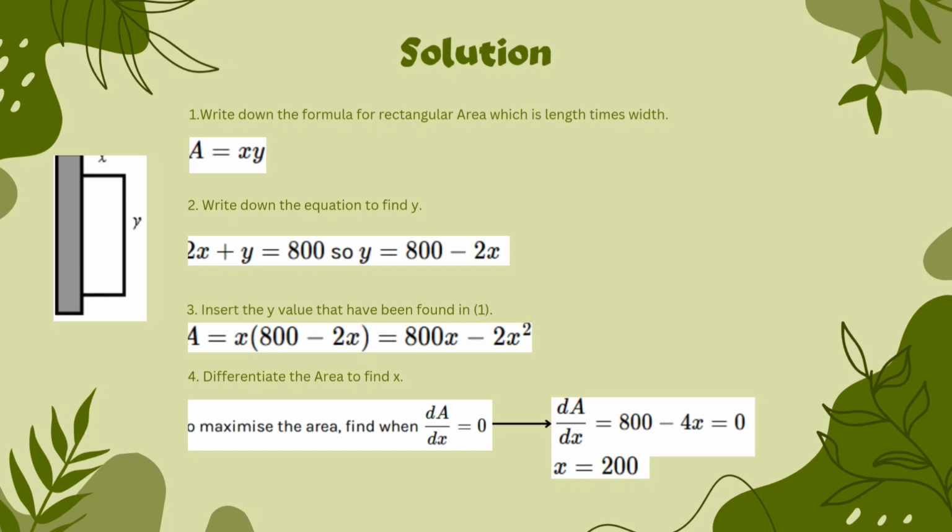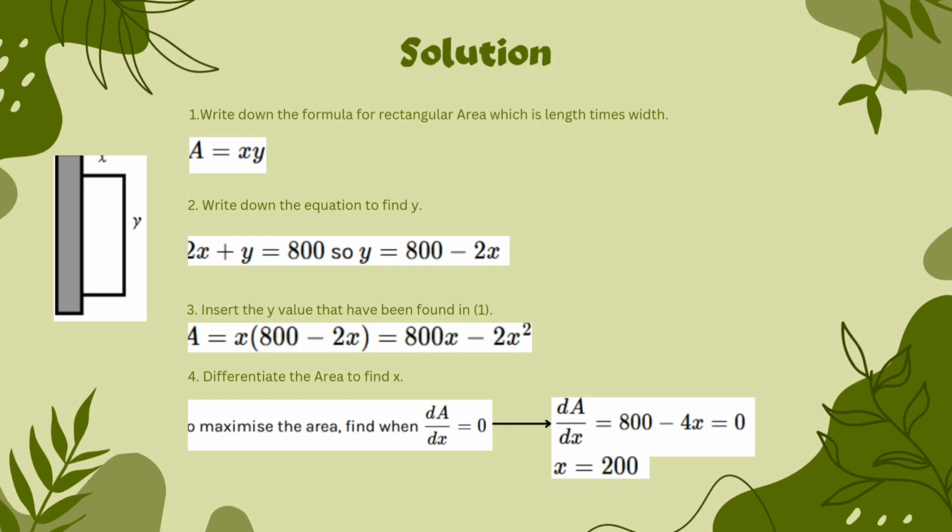The third step is to insert the y value into equation number 1, so area = x(800 - 2x) = 800x - 2x². The square is there because it represents both sides of y.